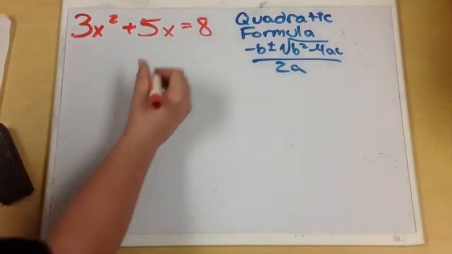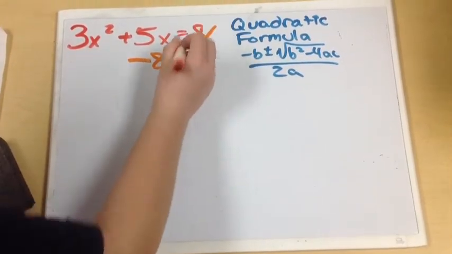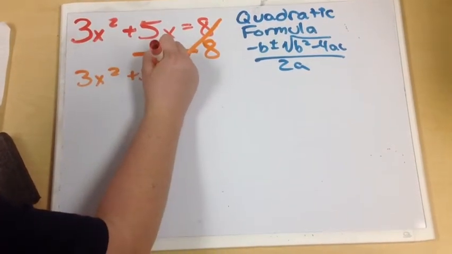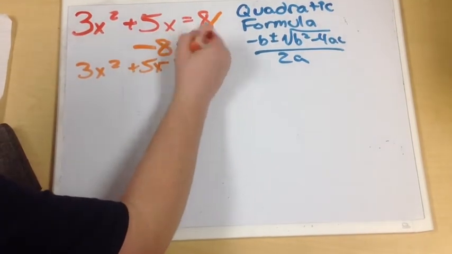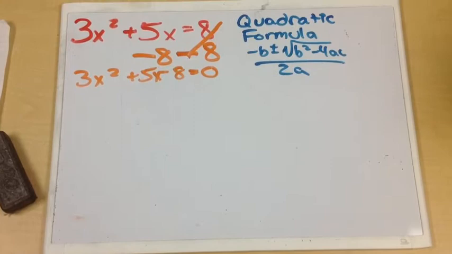Now, if you don't want to factor and you don't want to use a calculator, there's this handy-dandy thing called the quadratic formula. First, let's set this equation equal to 0. And we'll just plug it into the formula.